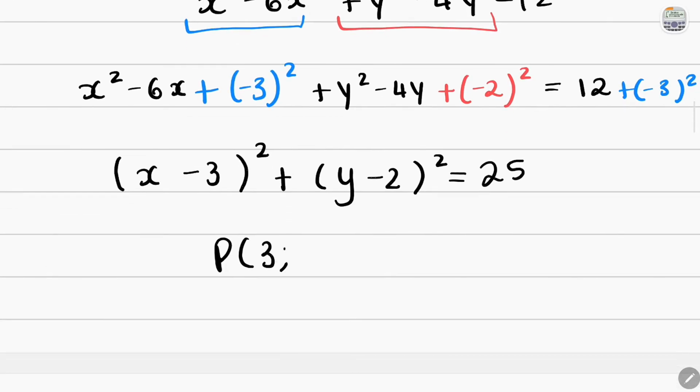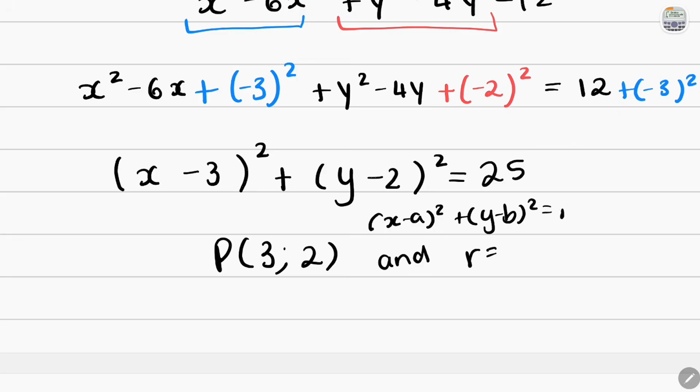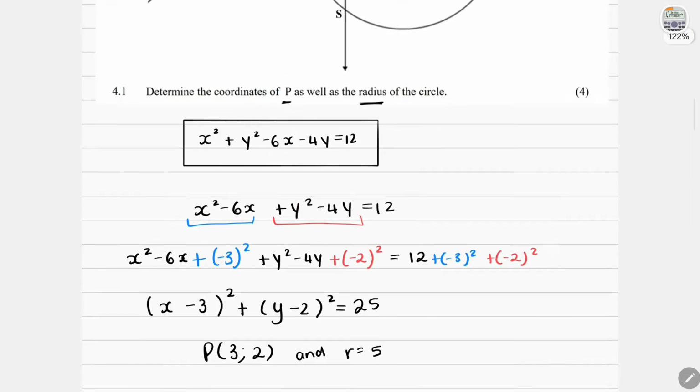So this is 3, and then y minus b, so that is 2. That's the center. The radius: this is r squared, in the form x minus a all squared plus y minus b all squared equals r squared. So that's the radius squared, meaning the radius is the square root of 25, which is 5. And there we go, that is our answer.